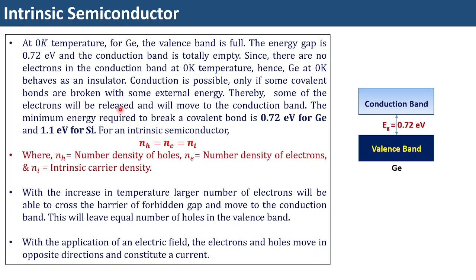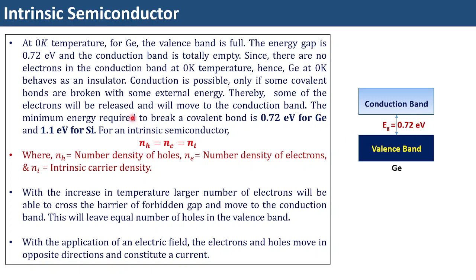That is a notion we have already learned: whenever electrons are released, some bond must be broken. So electrons will be released, and if they acquire enough energy to jump from the valence band to the conduction band, they will move to the conduction band. In that case, conduction is possible in germanium or silicon in the intrinsic semiconductor.